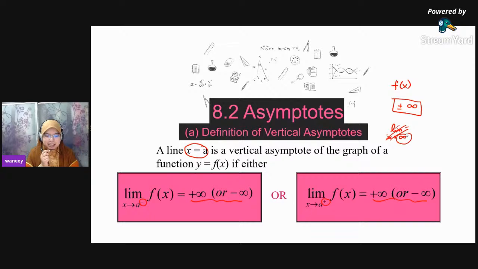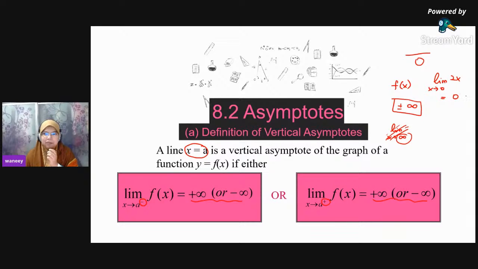Anything divided by 0. Very good. So as long as you have a fraction and you need to divide by 0, we are definitely going to get an infinity. The limit for x approaching 0, not necessarily, sometimes we do get some value. Sebab kadang-kadang limit for x approaching 0, let's say 2x, we are going to get 0.